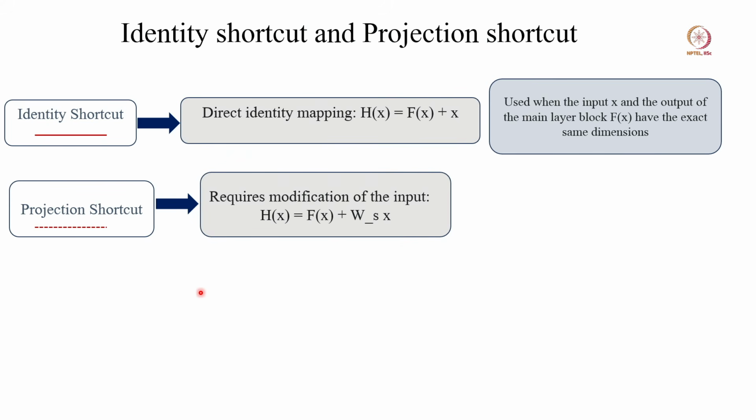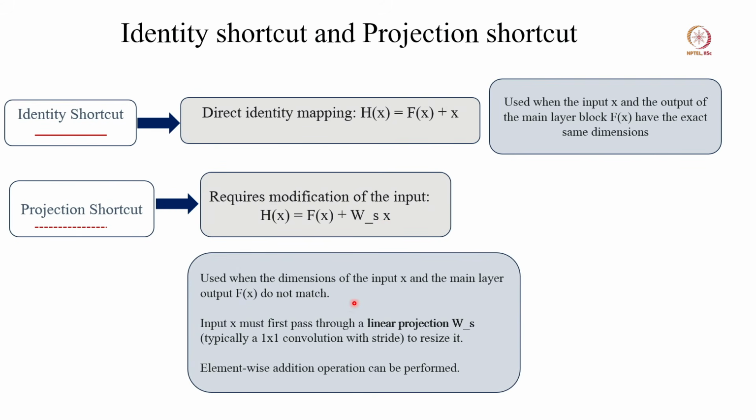Whereas the projection shortcut requires a modification of the input. So, H(x) equals F(x) plus some projection of the input. What exactly is this one? It is used when the dimensions of the input x and the main layer output F(x) do not match.